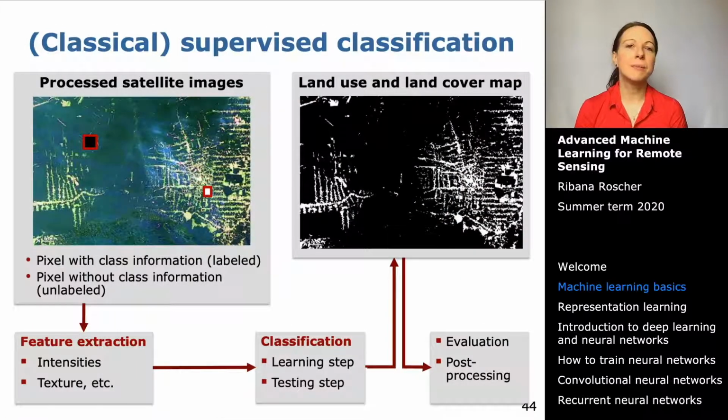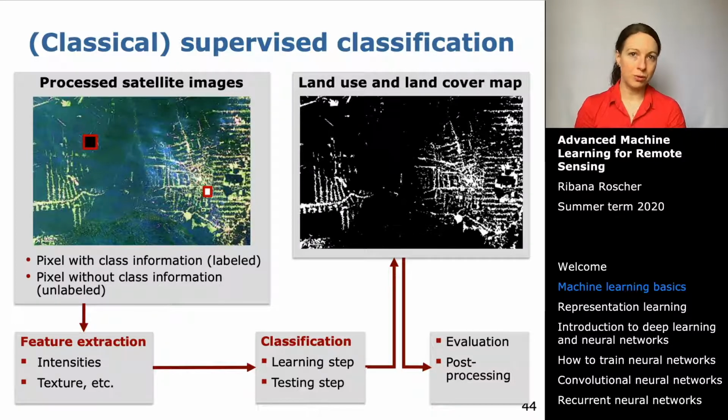So the classical supervised classification procedure can be summarized in the following mind map. You start with processed satellite images. In these images, you have pixels with class information. These are the labeled pixels, and then all the other pixels are unlabeled data samples because you don't know to which class they belong.